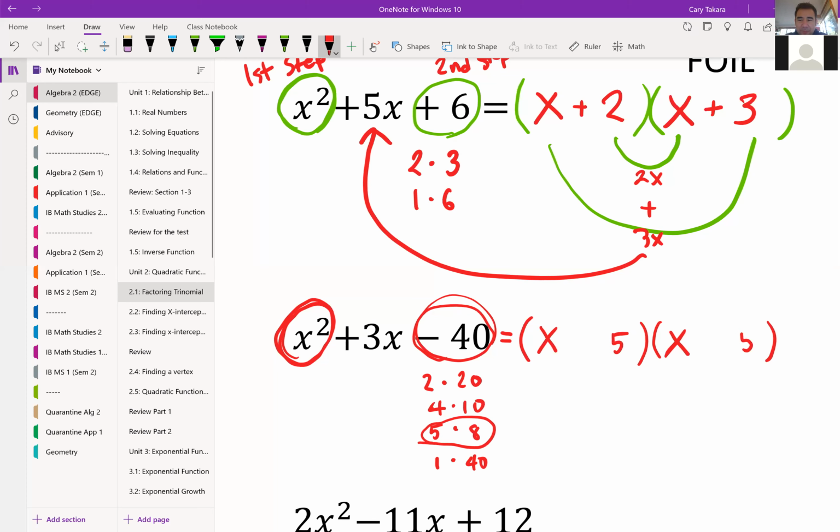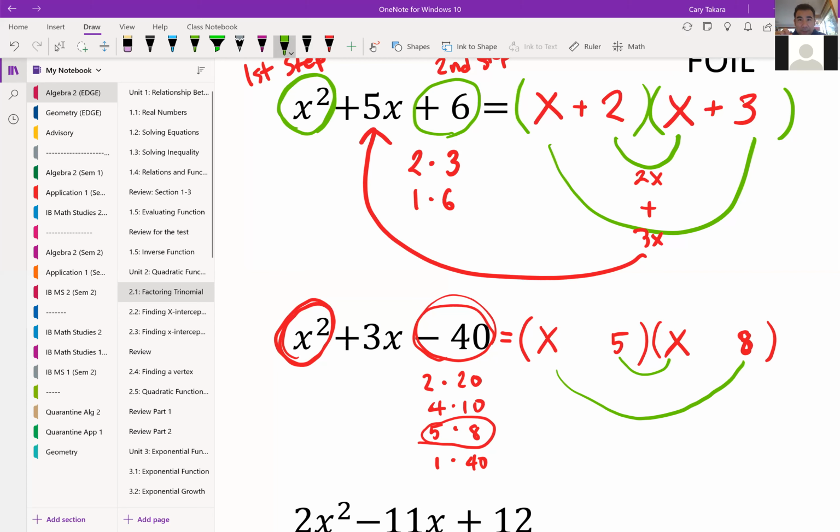So just mentally, or just with a thin line with a pencil, let's just write down 5 and 8, because it could be wrong too, okay? It could be the other possibility. But what we're going to do next is the donut shape, right? We're going to do inside and outside.